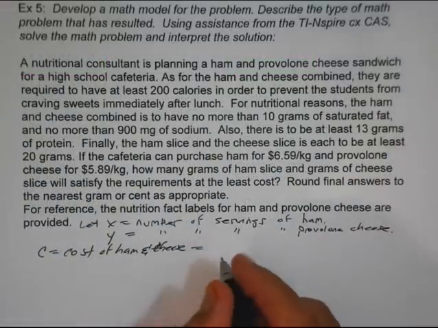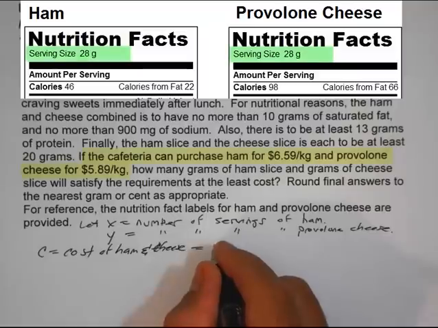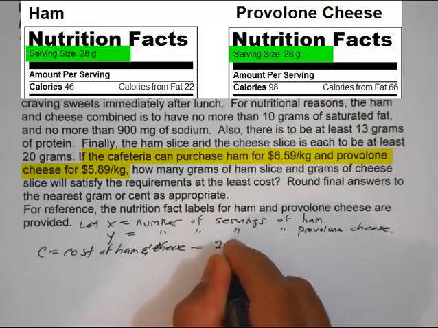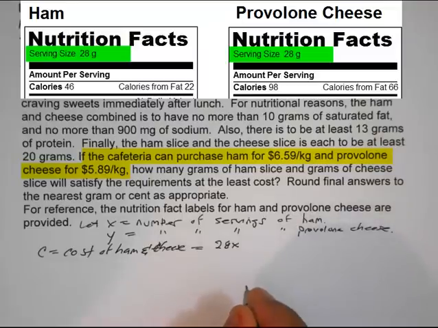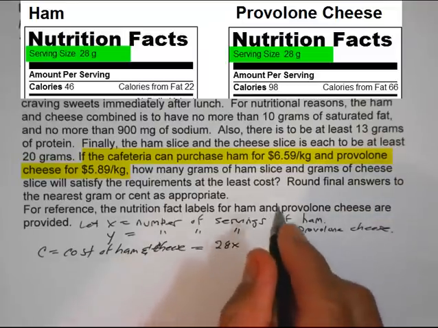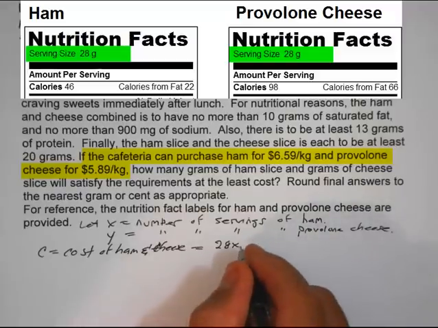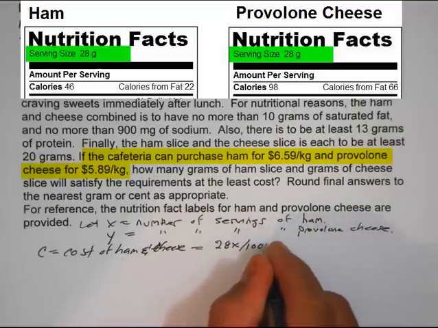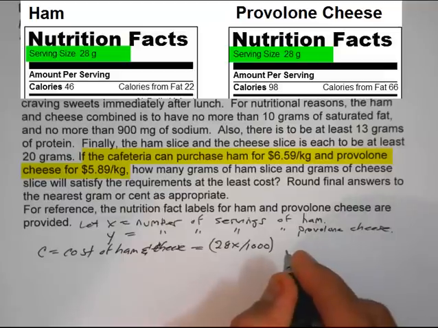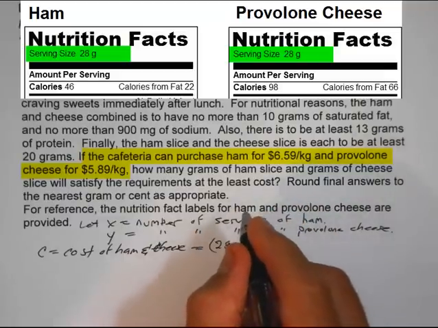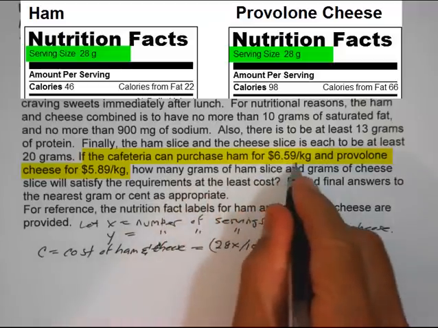We take our number of servings of ham, that's x, and multiply by 28, which gives us the number of grams of ham. To make use of the pricing information, we need kilograms, so we divide by 1,000, and then multiply by the per kilogram price of the ham, the $6.59.